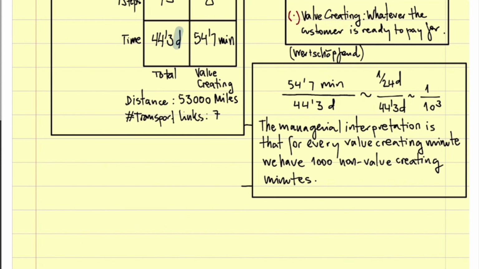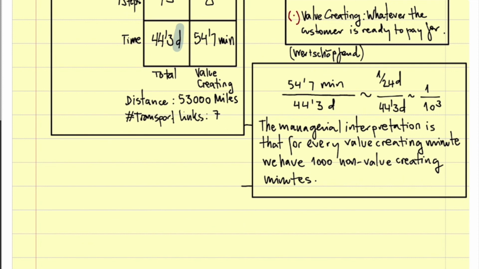Okay, D is a day. So in order to make the quotient, we need to put days also up. So 54.7 minutes is almost 1 hour, that's why I put 1 hour. And 1 day has 24 hours, so 1 divided by 24 in days. That's why I put this as approximate. Does it make sense?